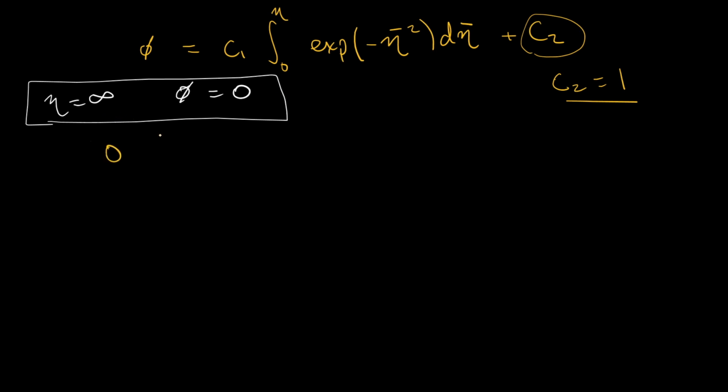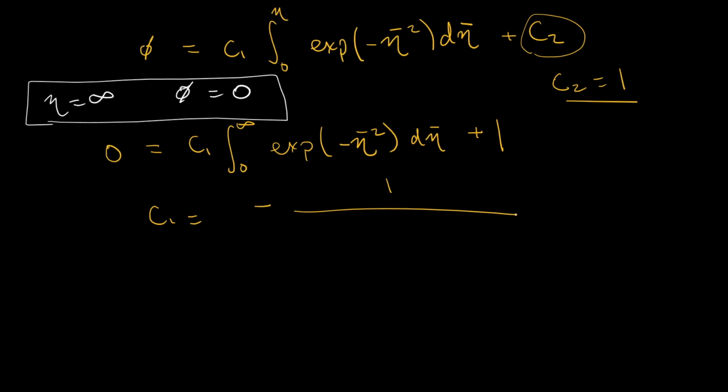So we get phi is equal to 0, c1 integral from 0 to infinity of this term exp negative eta squared d eta plus 1. And so we can solve this for c1. So c1 is going to be equal to negative 1 divided by this big integral expression.